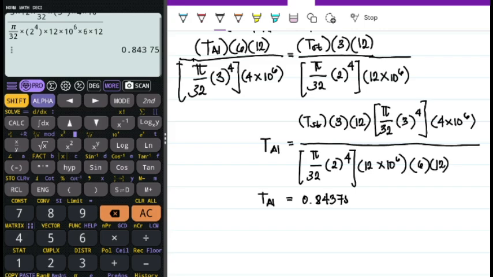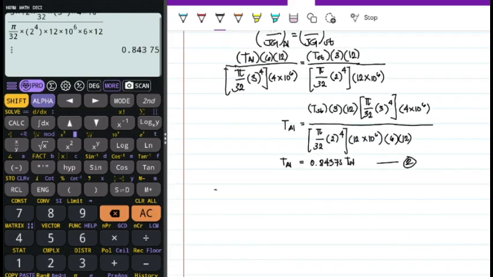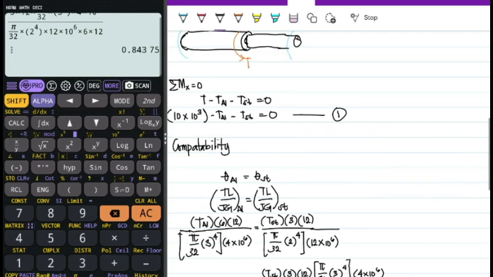So the resulting answer would be 0.84375, and of course you bring down T_ST. And that is our equation number 2. What we will be doing next is substituting 2 into 1.